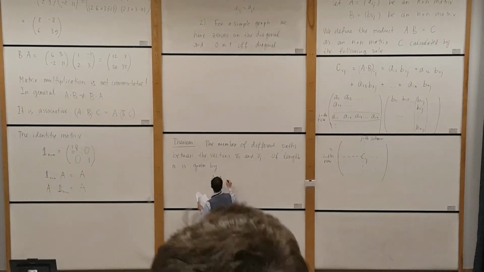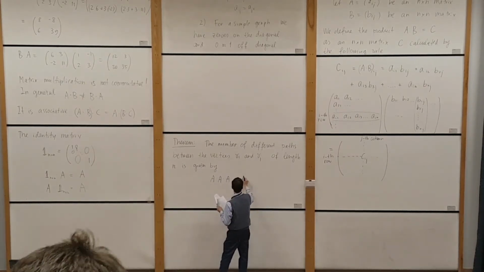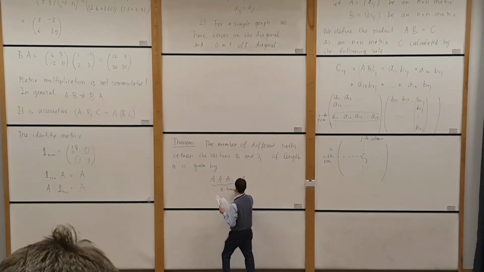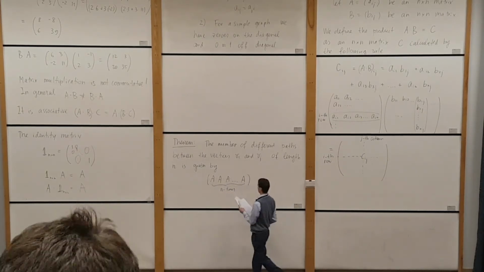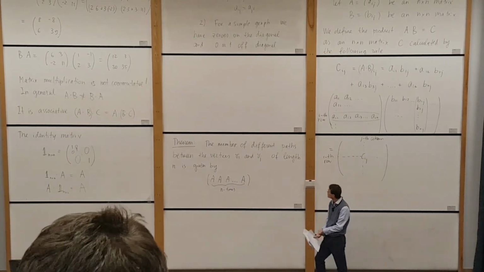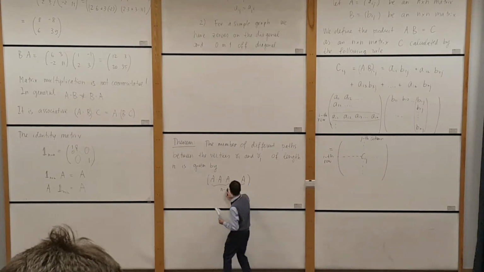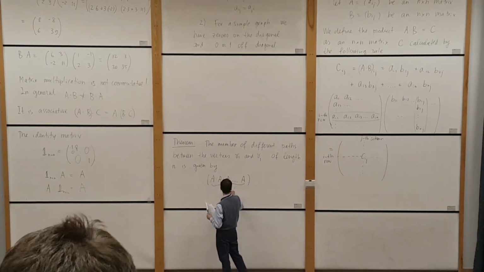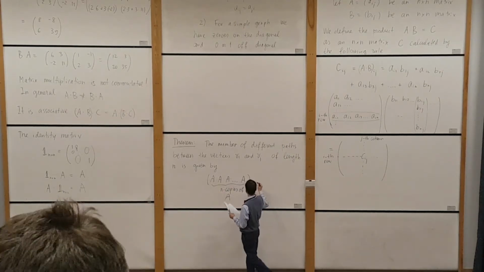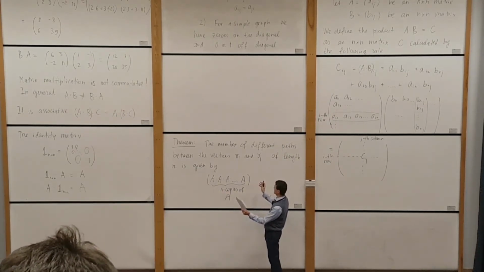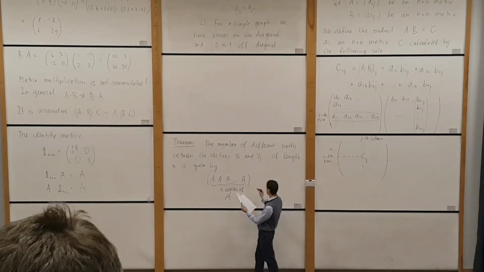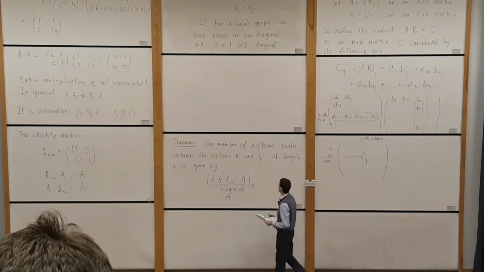A times A times A times A, n times. So you do matrix multiplication of n copies of A, and after that you get a matrix of the same dimensions, and you should read off the entry ij. Okay.